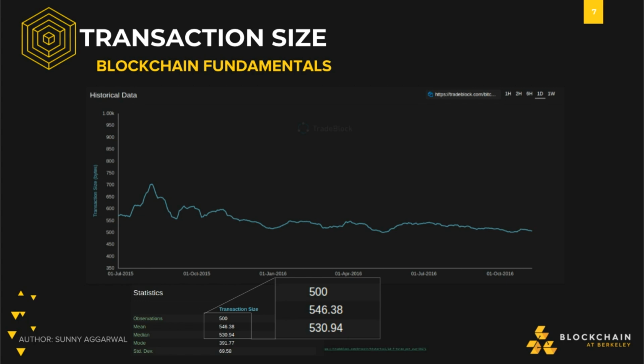To understand all of that more, we'll break it down and do a little bit of math. This graph represents the size of a transaction over a period of a few years. As we see right here, the average size of a Bitcoin transaction is about 546.38 bytes.